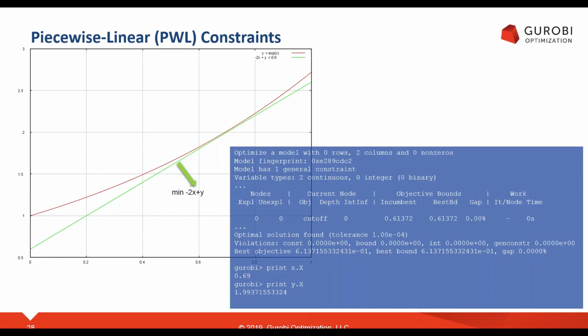So if you plug this into Gurobi, the optimize call will give you this output here. It is actually solved directly at the root node, so that is not very difficult, this problem. And then the optimal solution is x being equal to 0.69 and y being equal to 1.9937. And as you can see here in the picture, that is also the correct solution of this problem.